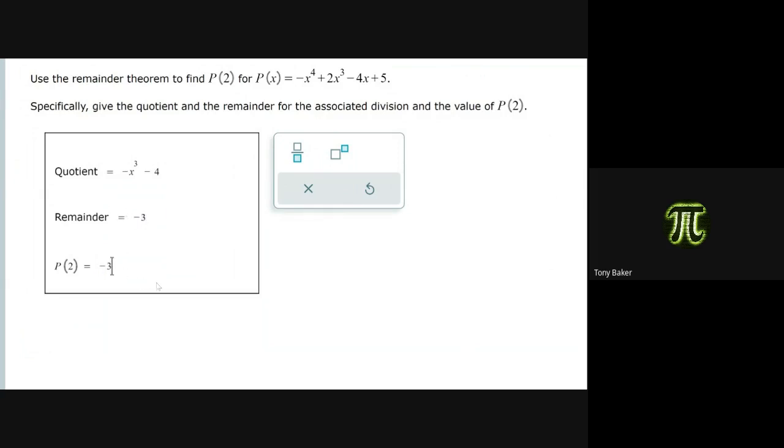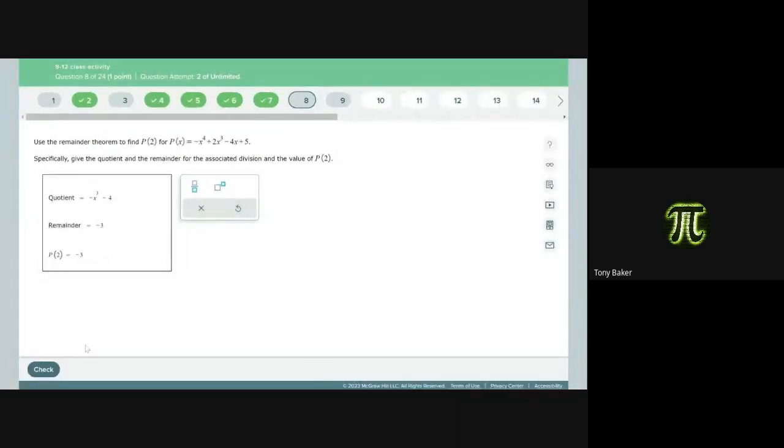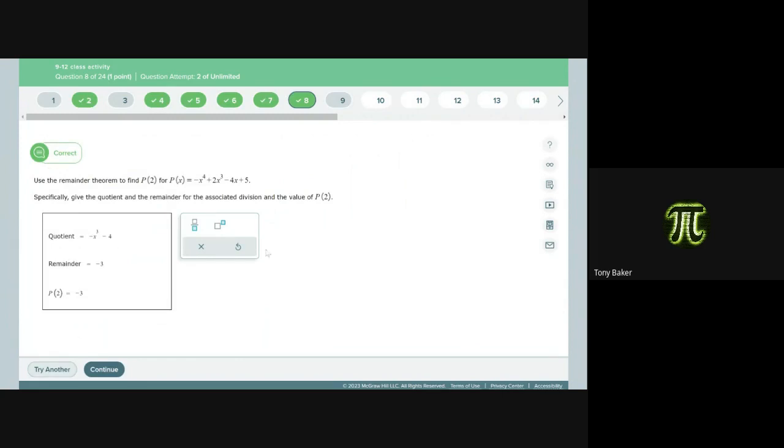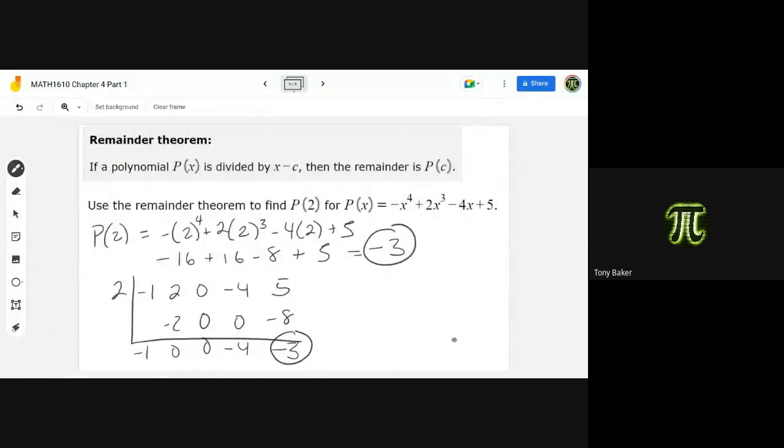And then P of 2 is negative 3. So you'd write that in like that.